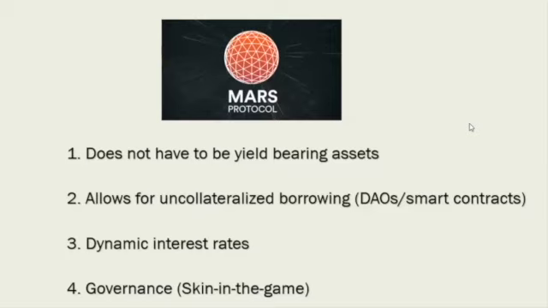But Mars doesn't require that, and this will have higher capital efficiency. Because imagine, let's say a bank wants to open a credit line, it has to put down all its machinery as collateral, right? That doesn't make sense, right? And the third is dynamic interest rate. Interest rate in DeFi usually has a utilization ratio, so it's based on the demand of borrowers and depositors.